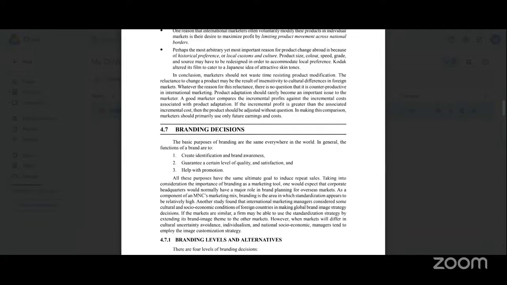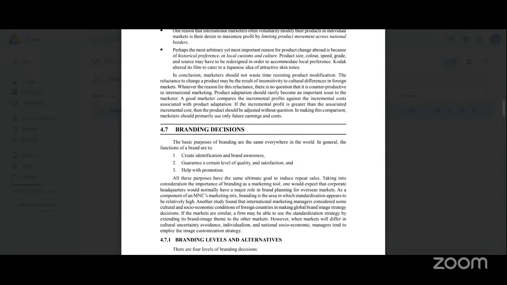Kodak is one great example where it altered its film to cater to a Japanese idea of attractive skin tones. Otherwise, earlier it was looking at, say, an American concept of skin tone, and the perceptions may vastly vary between the consumers of the two countries.